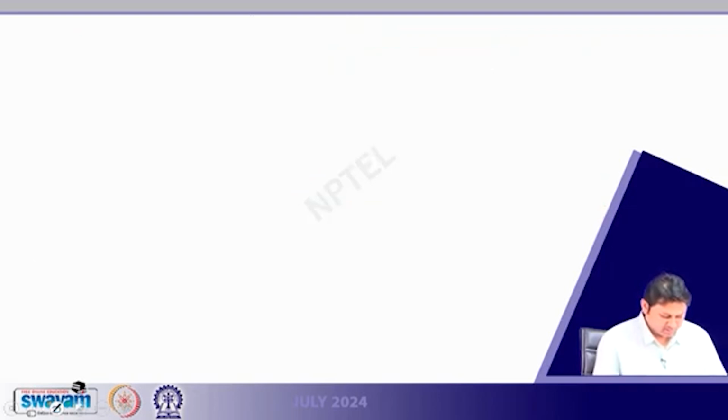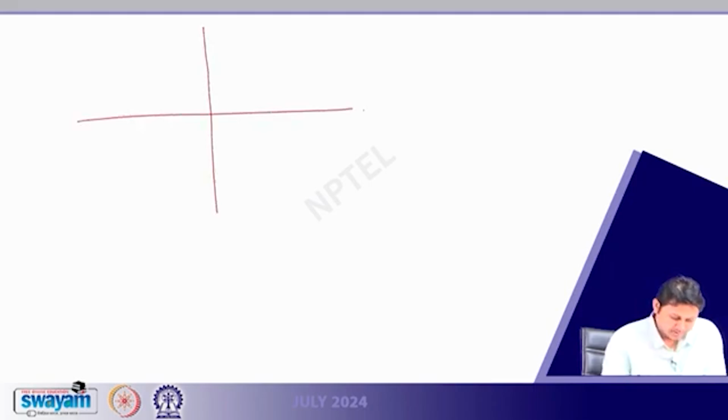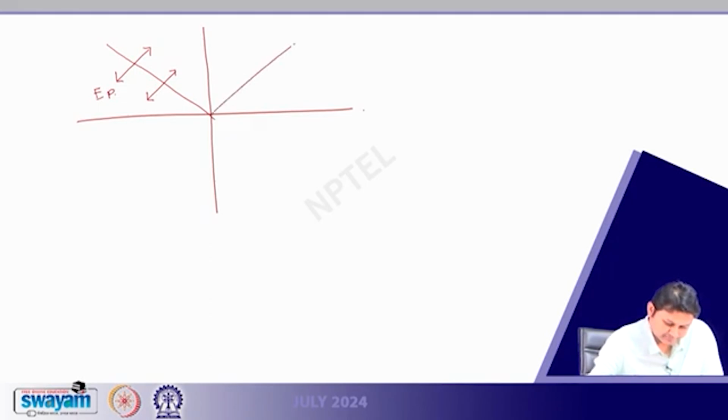Now let us see what happens for this case. So we have this system and the light ray is falling here, and this is EP, this is the reflected ray, and this is the transmitted ray.